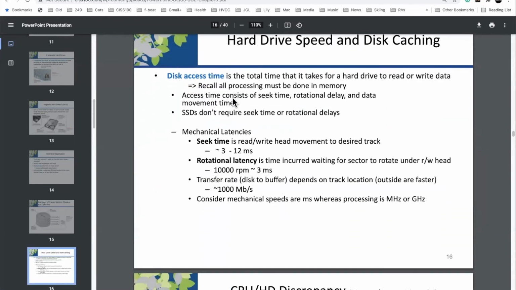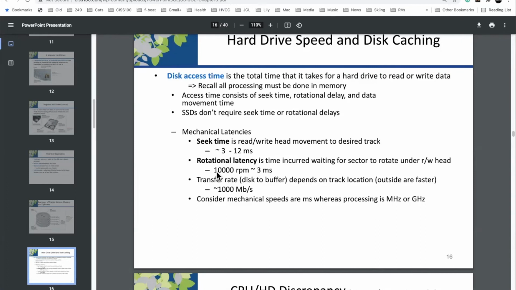So what do we have? The seek time is the read-write head movement to the desired track, typically around 3 to 12 milliseconds. Milliseconds, 1,000 times a second, in contrast to the CPU's 1 billion times a second. Rotational latency: we have to wait for the desired track or sector, or cluster, excuse me, to rotate under.